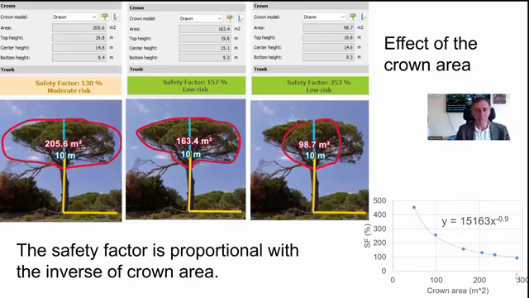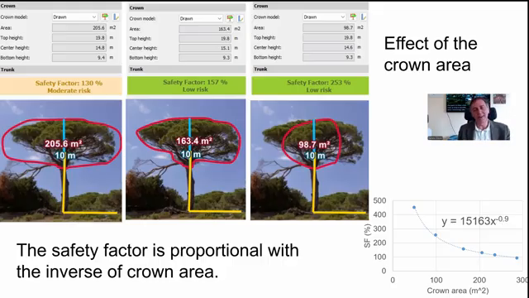The function fits to the inverse of the crown area, and it is fitted by Excel. In the function we found, X is the crown area, the horizontal parameter, and the power is minus 0.9.